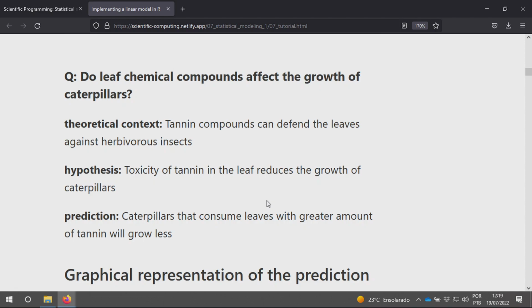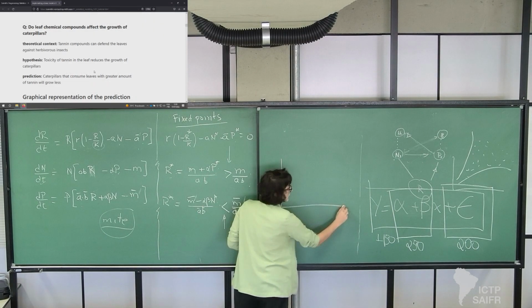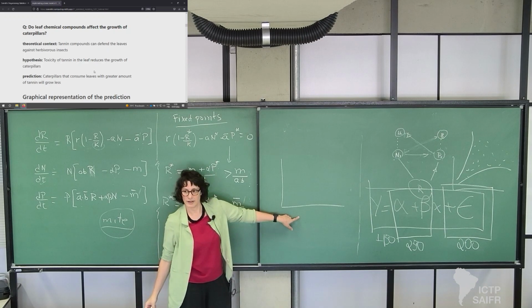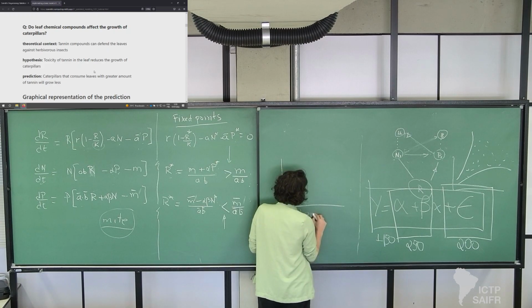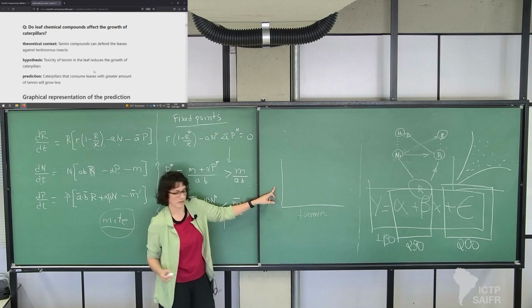I want a volunteer now to graphically represent the relationship that we are predicting here. So what is on my x-axis? Tannin. So basically the quantity of tannin, and my y-axis? Growth. Okay.